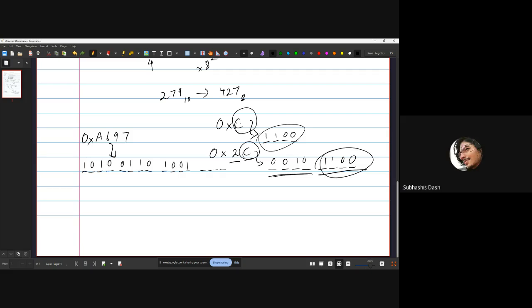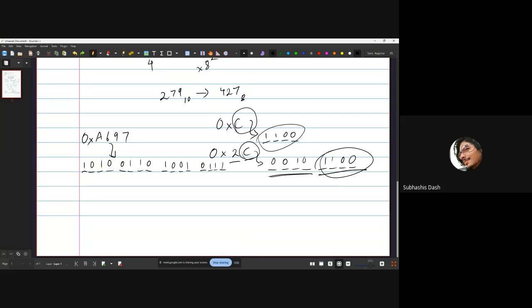What about 7? 0111. So that is the power of this trick. You can directly convert without much effort. You just have to know how to convert a single hexadecimal digit to binary.